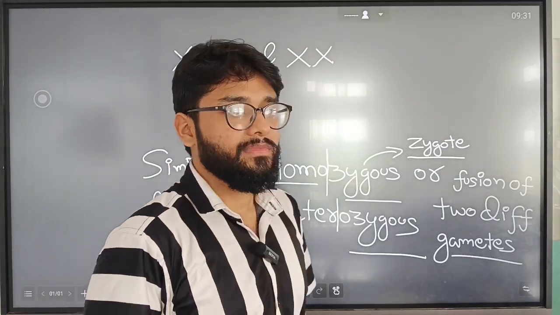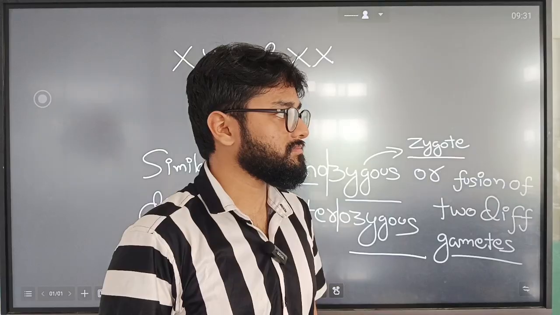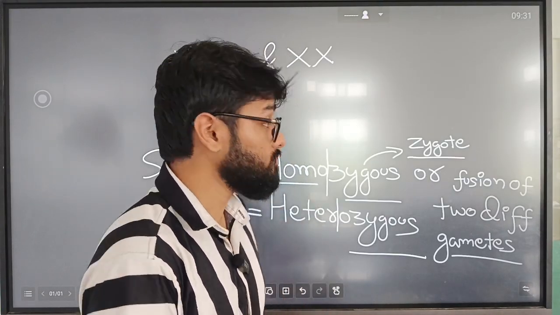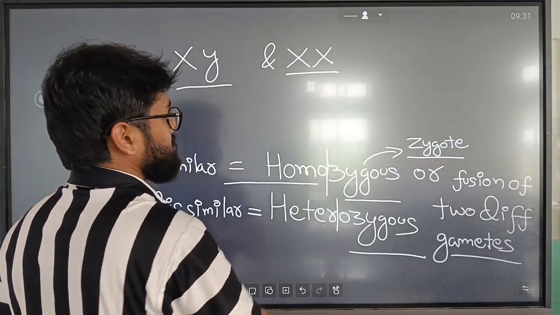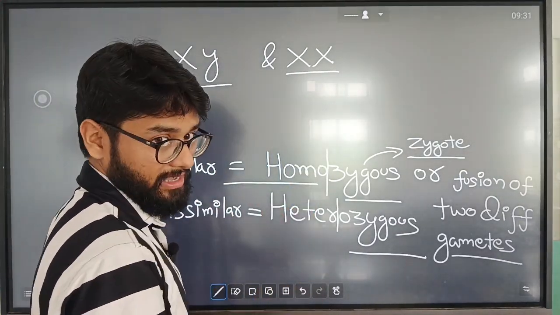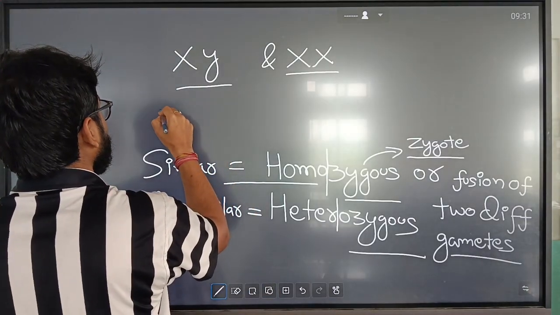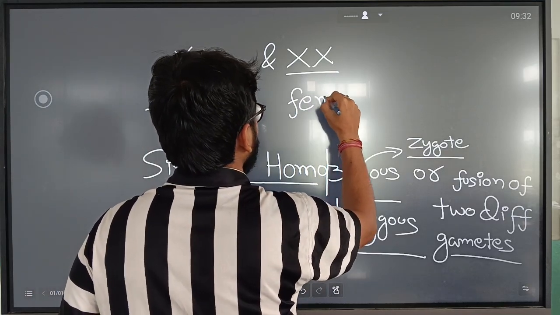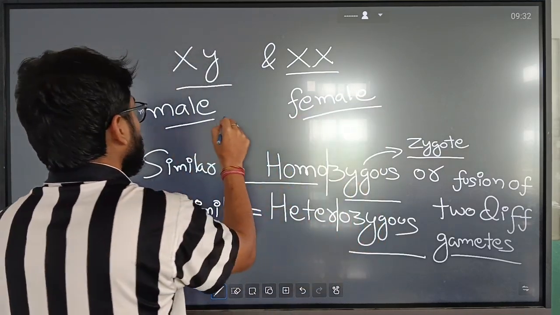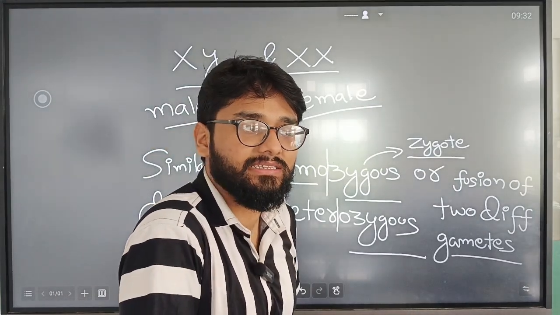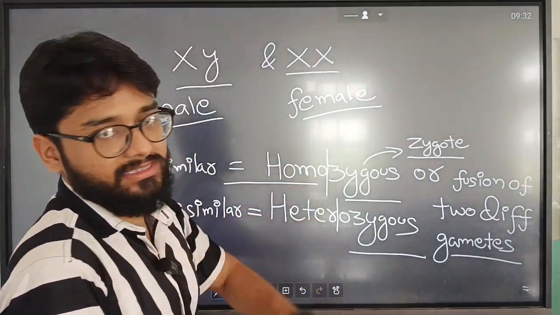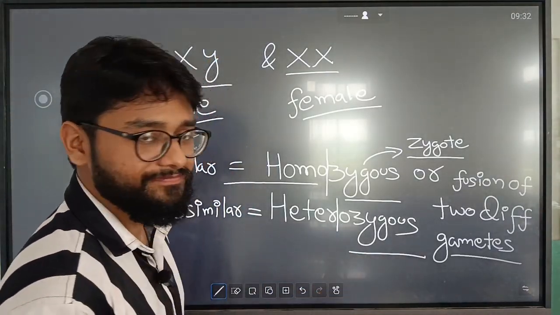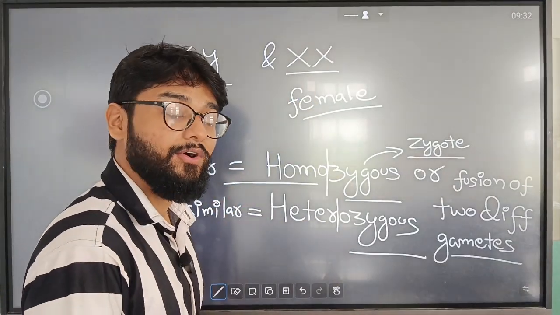Have you ever thought about how this is expressed? XY is expressed as male and XX is expressed as female. In that sense itself, this is a heterozygous and this is a homozygous.